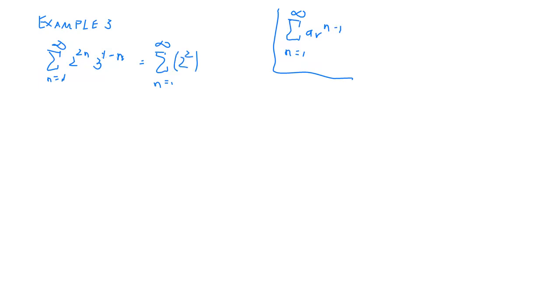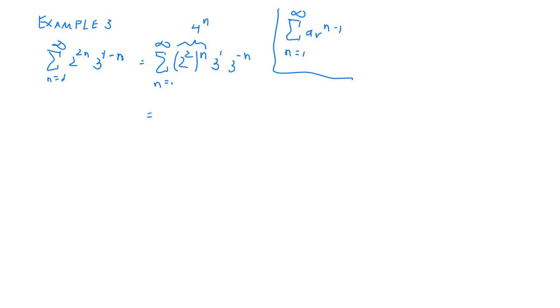So I'll write 2 to the 2nth power as 2 squared to the nth power. And I'm not looking in the book how they're doing, I'm doing it my way. I'm going to write 3 to the 1 minus nth power as 3 to the 1st times 3 to the negative nth power. This here, incidentally, now is 4 to the nth power. 2 squared is 4.